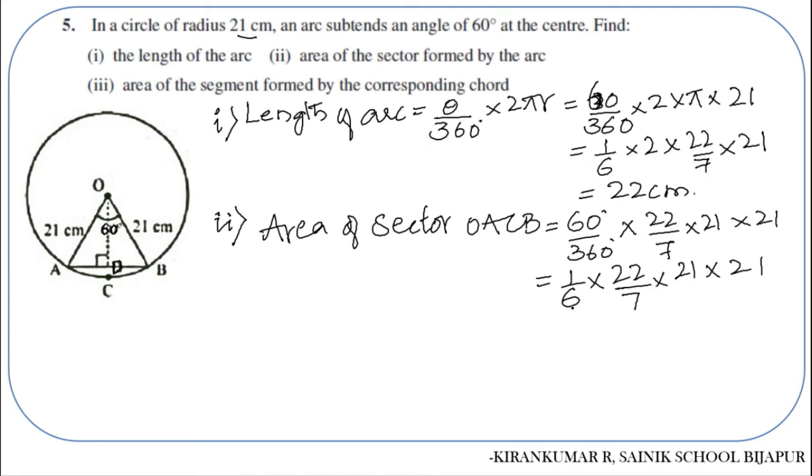We know that 3 times is 6. 3 7 times is 21. 1 of the 21 get cancelled. So we get 11 times 21, which is 231 centimeter square.